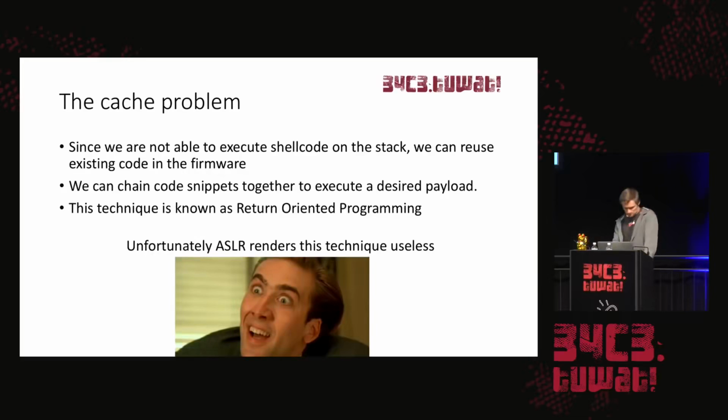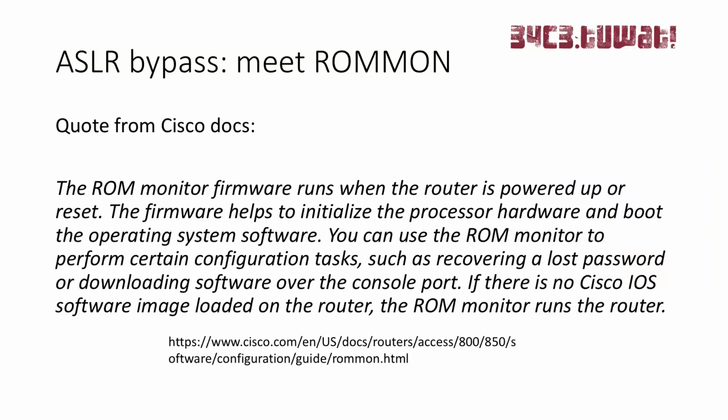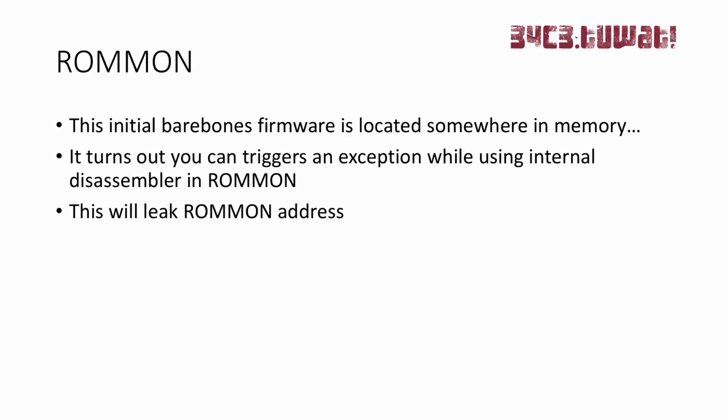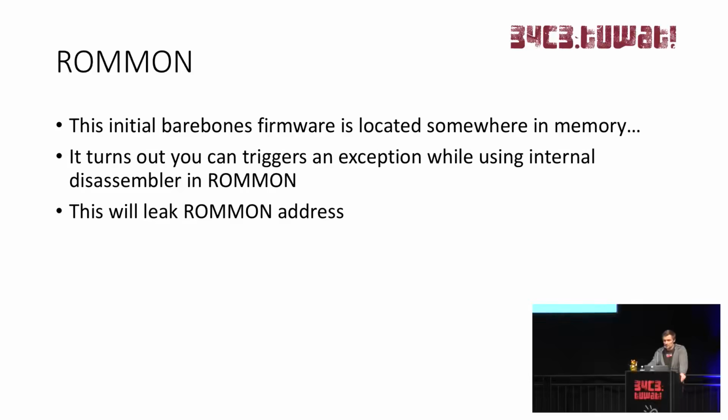But here, the ROM monitor that I was talking about comes to our rescue. This little piece of software that gets loaded before the actual firmware might actually help us. So the first thing we want is to find where this bare-bones firmware is located. And the interesting feature of this ROM shell is that it allows you to disassemble arbitrary memory parts.